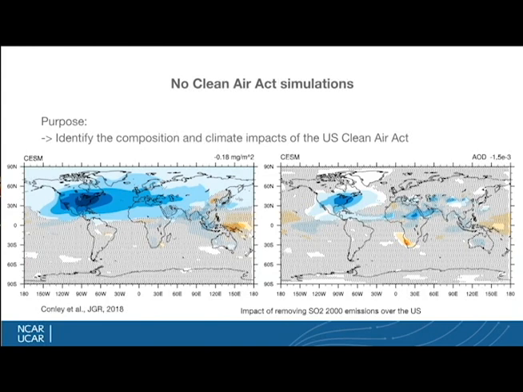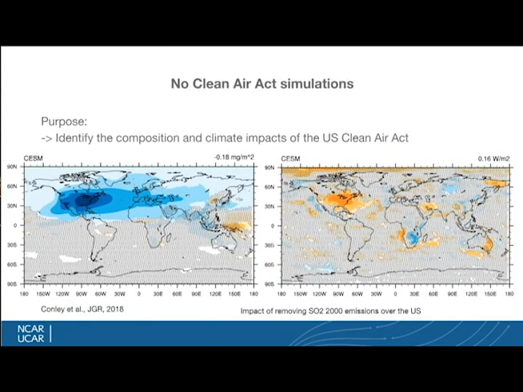This was the change in sulfate that we saw, very much concentrated over the eastern US, but with transport over certain distance, the change in aerosol optical depth, and the statistical significance attached to it. And then you have a radiative forcing associated with that from both direct and indirect effects associated with the SO2 emission.